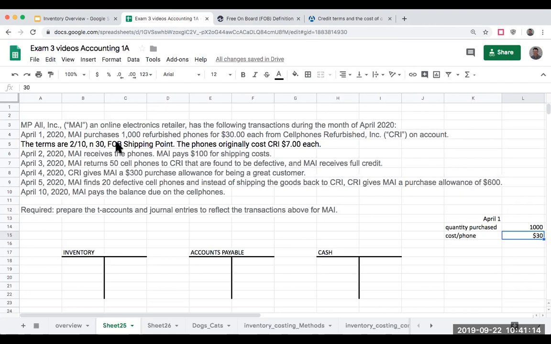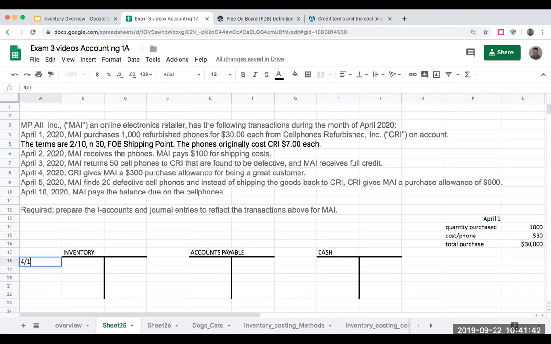So the key here is if it's FOB shipping point and those were shipped on that day, then that's when I'm going to record the transaction. The amount I'm going to be recording on April 1st is going to be 1,000 times 30, or a total of $30,000.